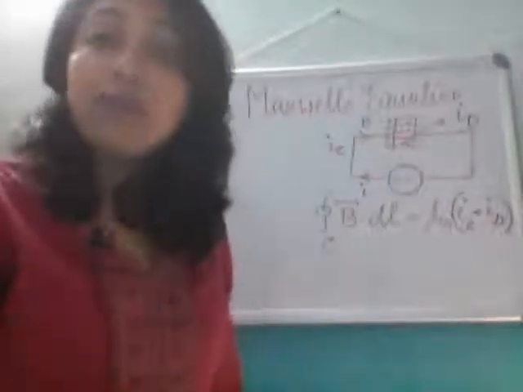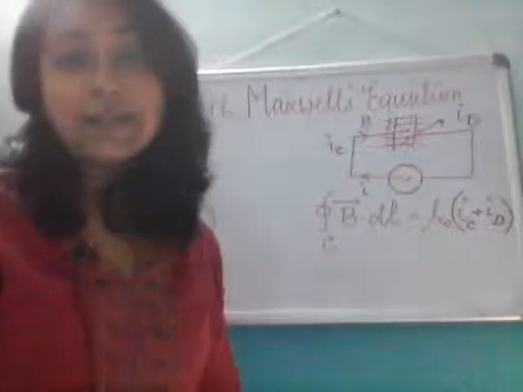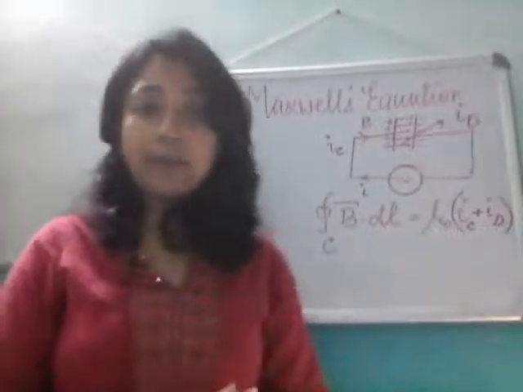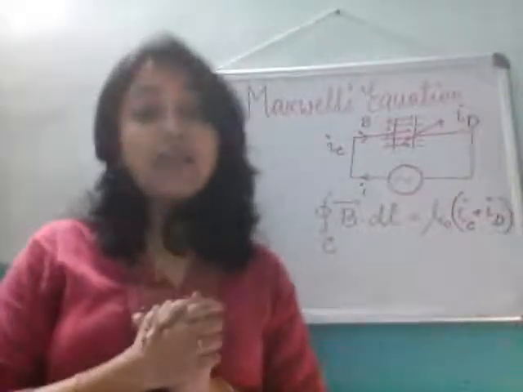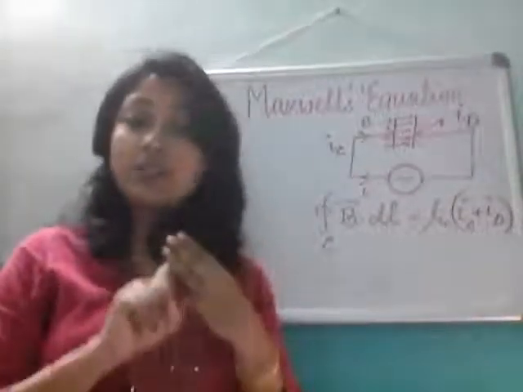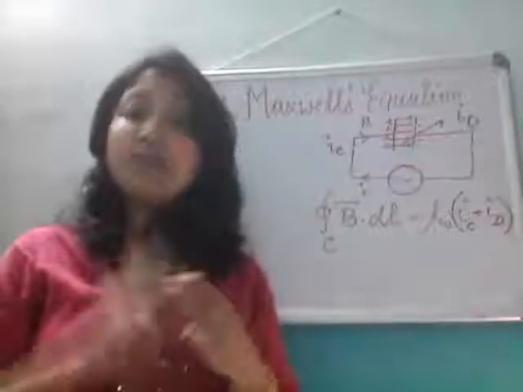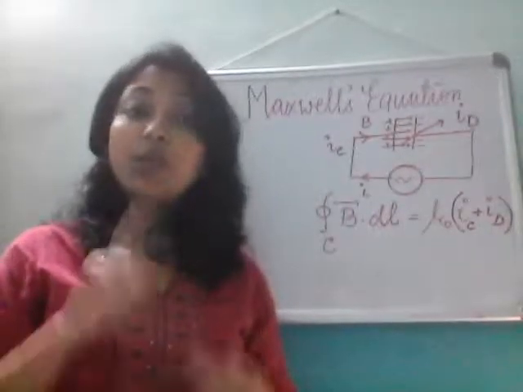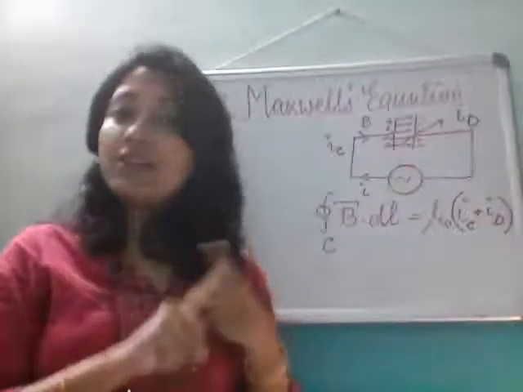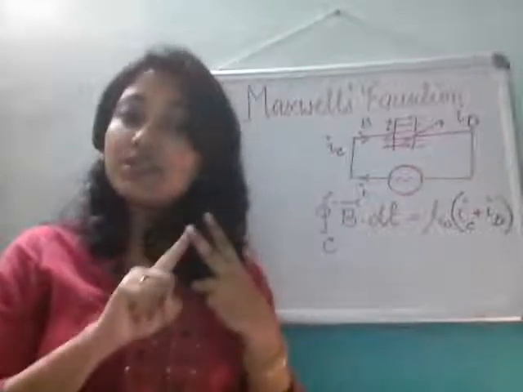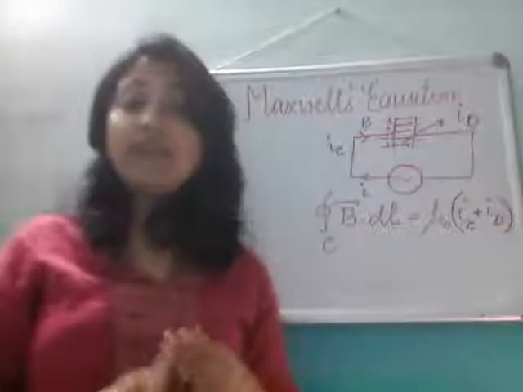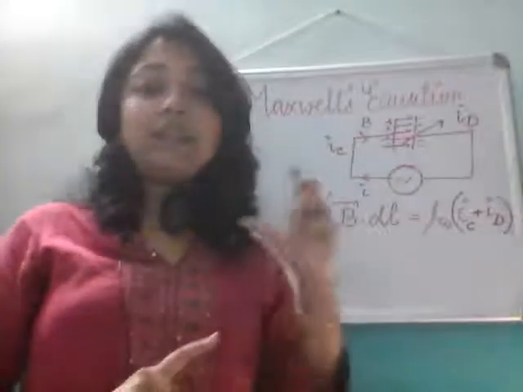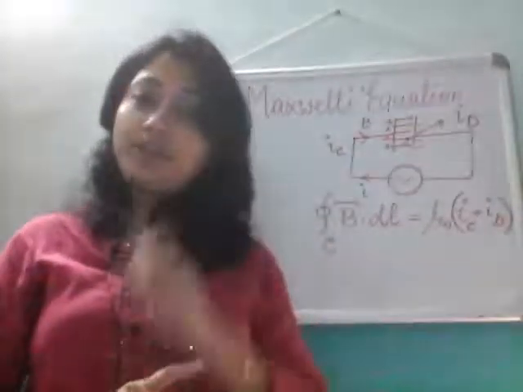Before I end the class, let me give you a very small recap. We have completed the first 3 Maxwell's equations, which had divergence of E, divergence of B and the curl of E. We have converted all 3 integral forms into their differential forms.